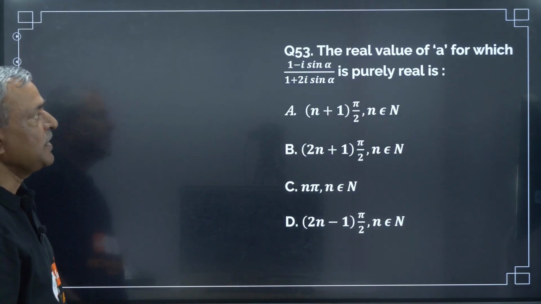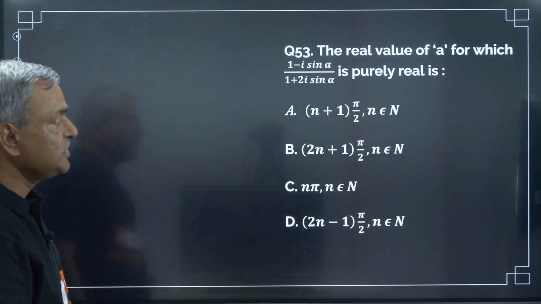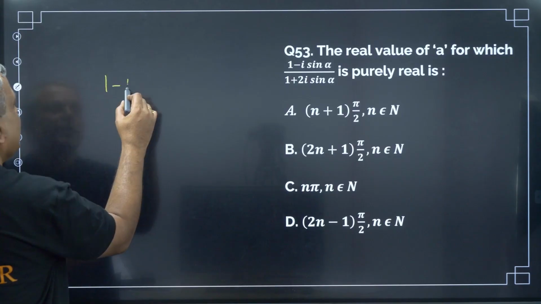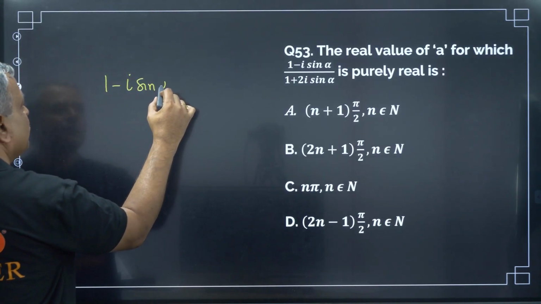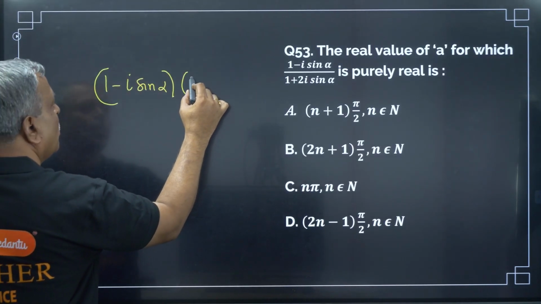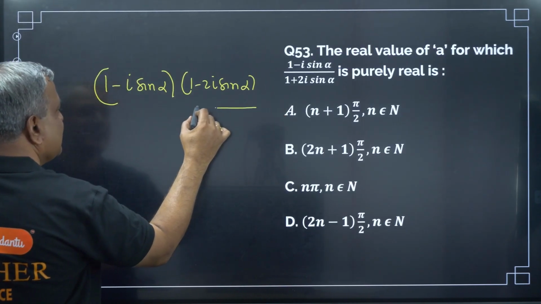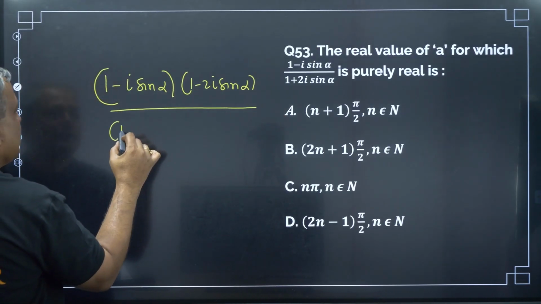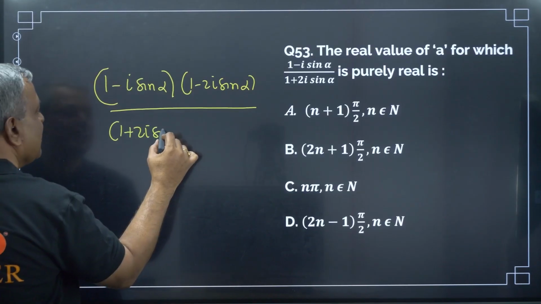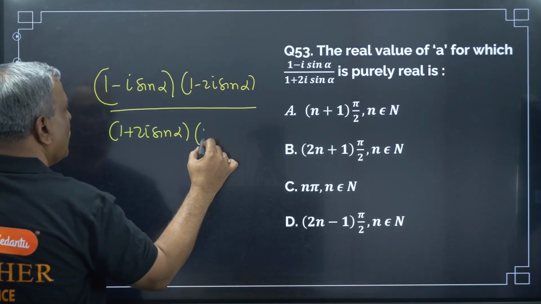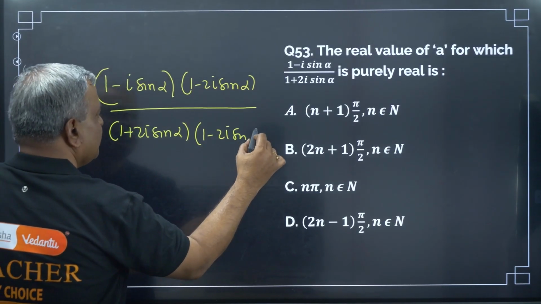Question 53, he is saying the purely real means imaginary part is 0. 1 minus i sin alpha into 1 minus 2i sin alpha. We have rationalized it. So 1 plus 2i sin alpha into 1 minus 2i sin alpha.